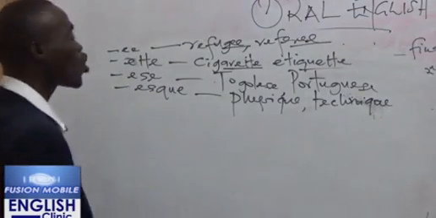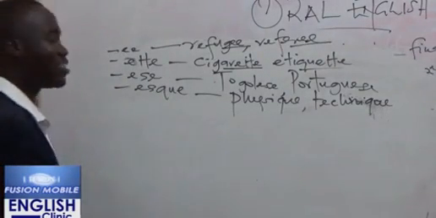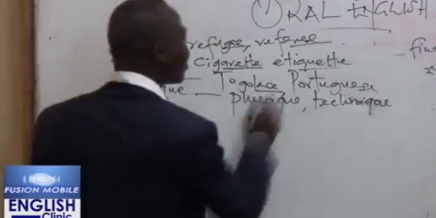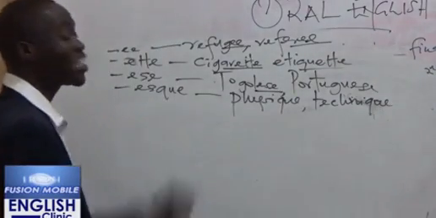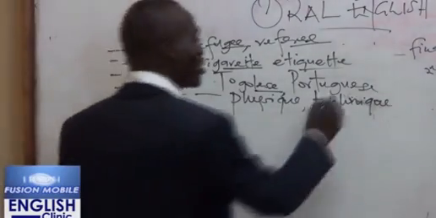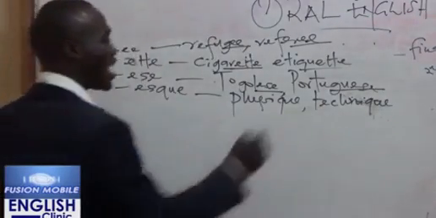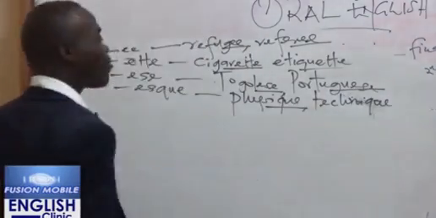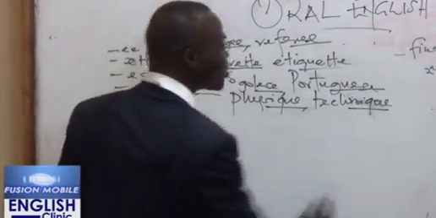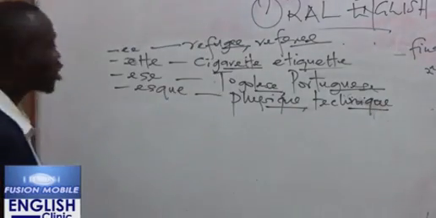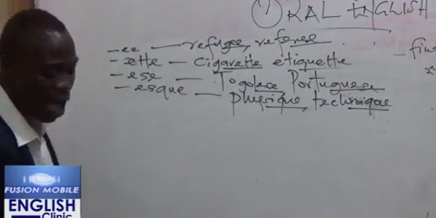Then we have Togolese, the last syllable is lese, that is what is stressed. Portuguese, the last syllable is guese. Physique, the last syllable is sique. And we have technique, the last syllable is what? Nique. Now in such words, the last syllables are stressed.